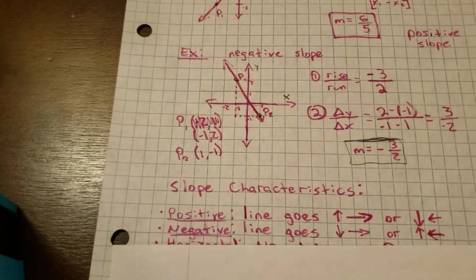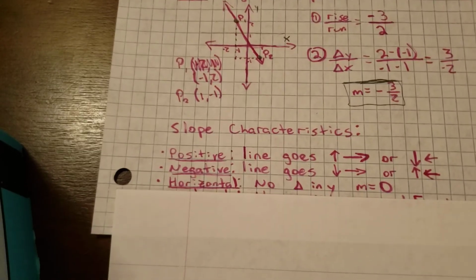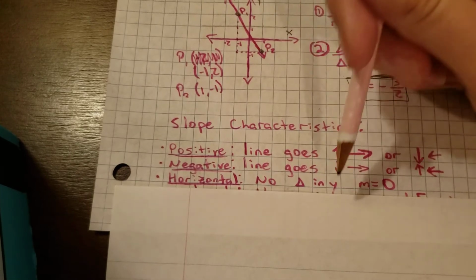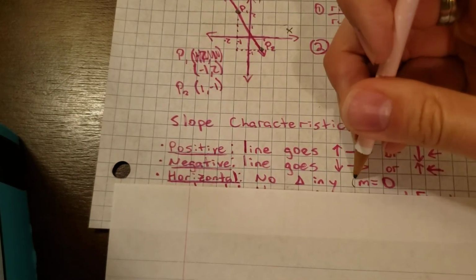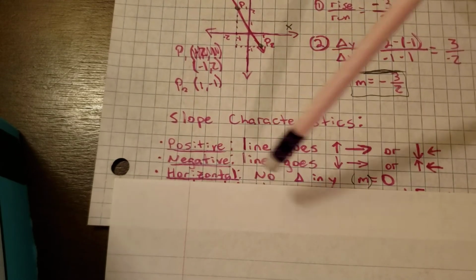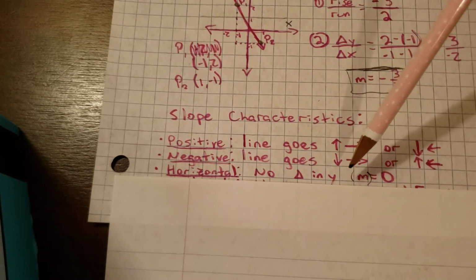Okay. There is another type of line that we could have. That's called a horizontal slope. That's when there's no change in y, and our slope equals 0. Yes, you will need to know this on homework, quizzes, and tests. This will be important.